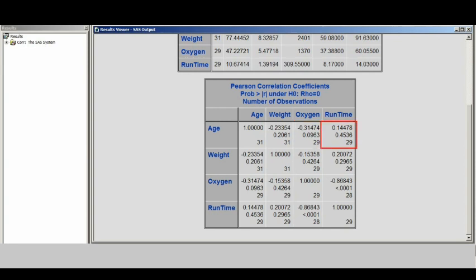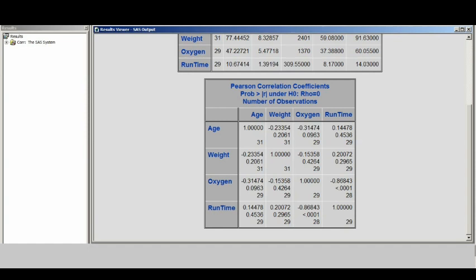Age and run time, the time required to run 1.5 miles: there seems to be a positive but quite moderate correlation between the two variables. In this way you can interpret all these correlation coefficients.